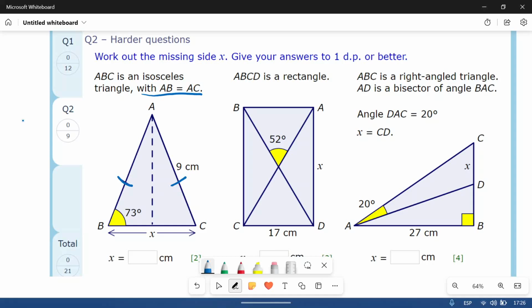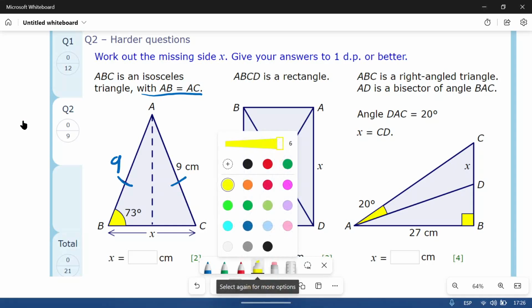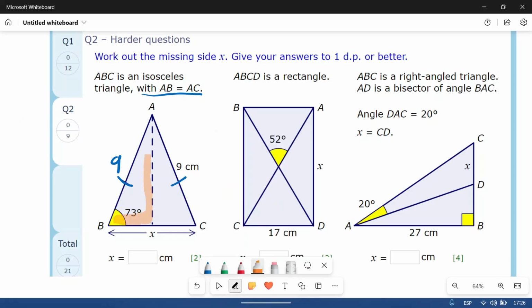So if this is 9 centimeters, that is 9 centimeters. Okay, from this, this is interesting. We can use this triangle here, which is of course a right angle triangle. And in this right angle triangle, let's see what we have now.